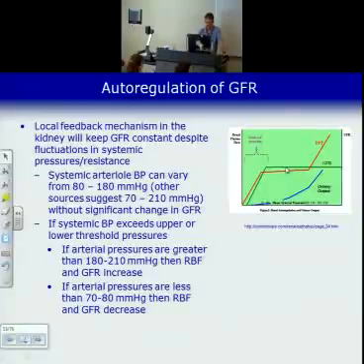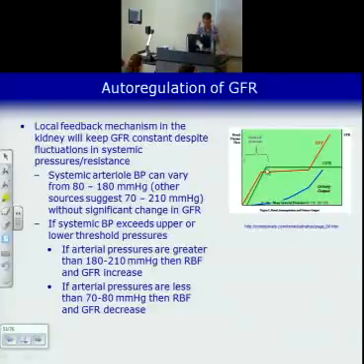So even if you get up to 110, you go out and run, 130, 140, 150 pressures, it's staying the same. But eventually, if you get past a certain point, once you get too high, it can't compensate, and you're going to alter kidney function as well.